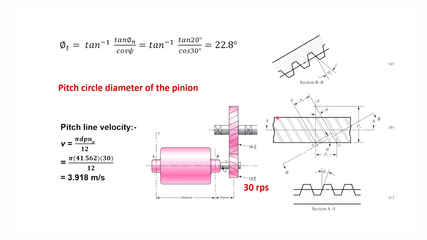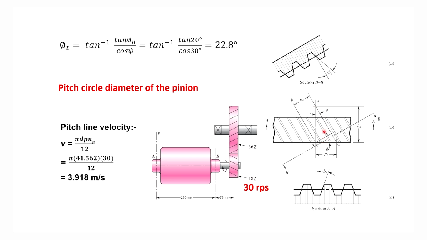We know that in the case of helical gear, the teeth are inclined by an angle equal to helix angle psi, and when the teeth are viewed in the tangential direction and in the normal direction, AA is the tangential direction and BB, when we take section along this BB, then it is the normal direction.